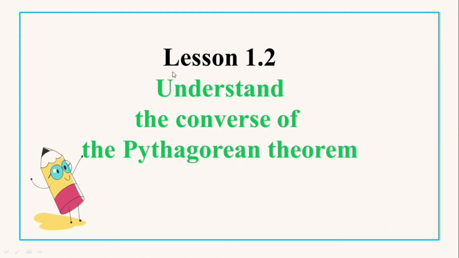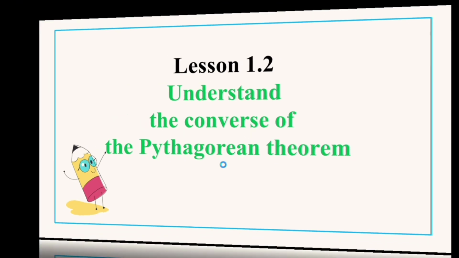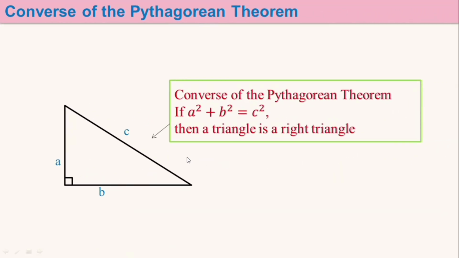Okay, now we are going to lesson 1.2. Understand the converse of the Pythagorean theorem. Basically, that says if the sum of the squares of the lengths of two sides of a triangle equals the square of the length of the third side, then the triangle has to be a right triangle.